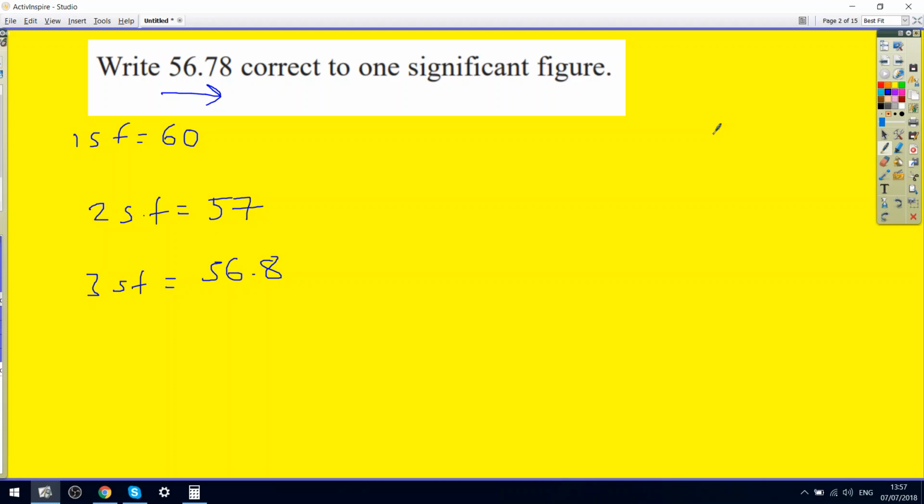Because that's to the decimal place. One sig fig means that there will be one number that isn't 0. Oh yeah. Basically, every other number will have no significance, and you'll just have one. For 2 sig fig, 2 numbers that aren't 0. And so on. 3 sig fig, 3 numbers that aren't 0.